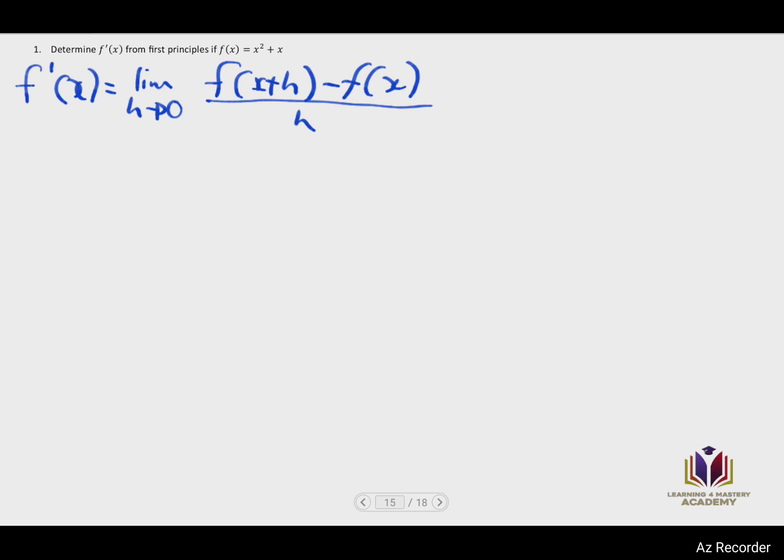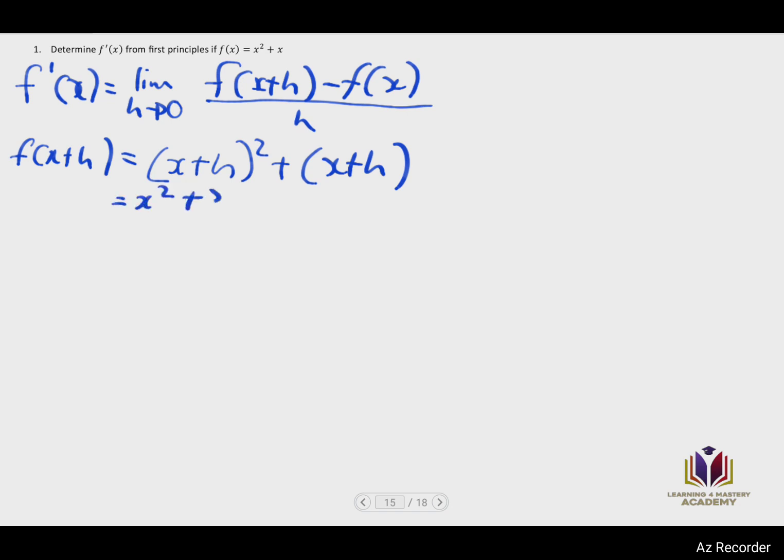Then from here, I work out my f of x plus h separately, which means I need to go to the equation of f of x, and wherever I see x, I replace it by x plus h. So I'm going to have x plus h squared plus x plus h. When you simplify this, it's going to give you x squared plus 2xh plus h squared plus x plus h.